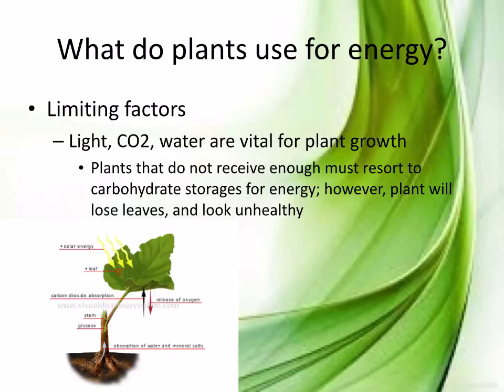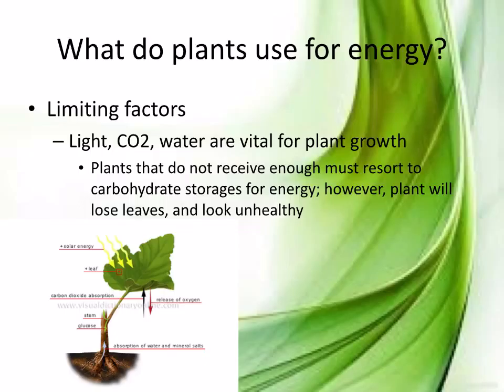There are also some limiting factors. We've all heard of the term limiting factors. In this case, it's referring to nutrients that are required for the growth of the plant. So obviously light, CO2, and water are all vital for the growth of the plant.